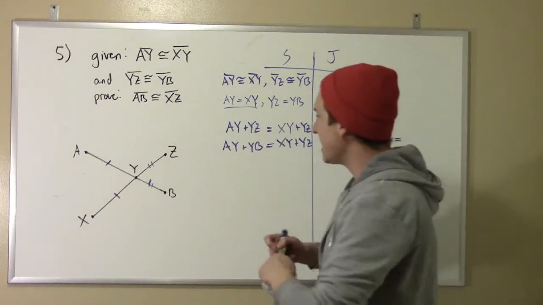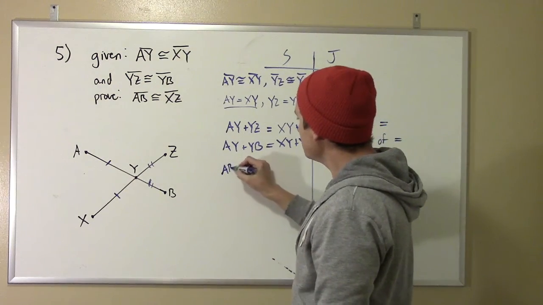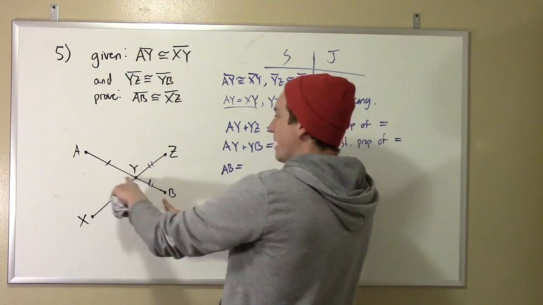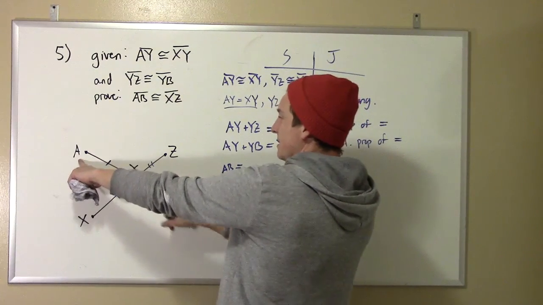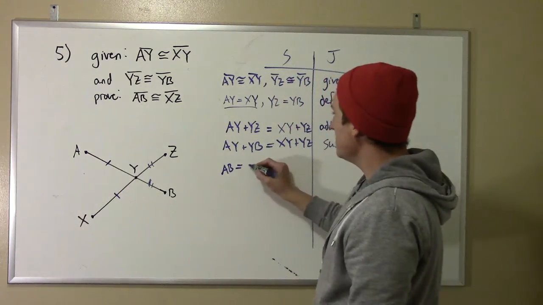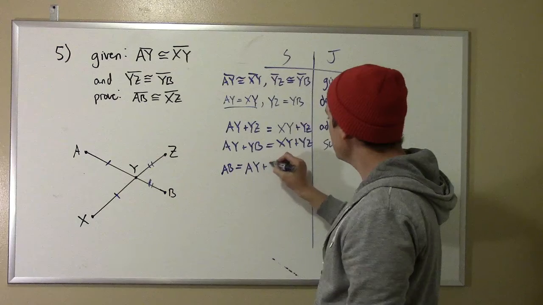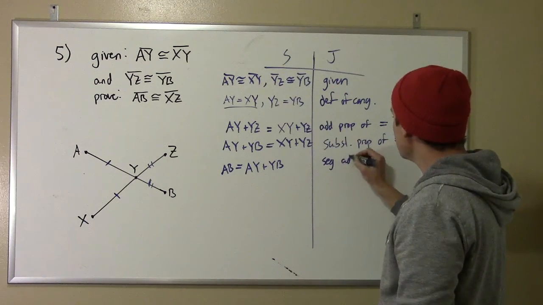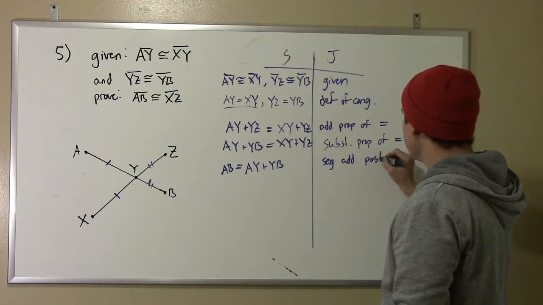So what we're going to say is that AB is equal to AY plus YB, right? The long segment is equal to the sum of the two little segments that make it up. So AB is equal to AY plus YB. Segment addition postulate, okay?